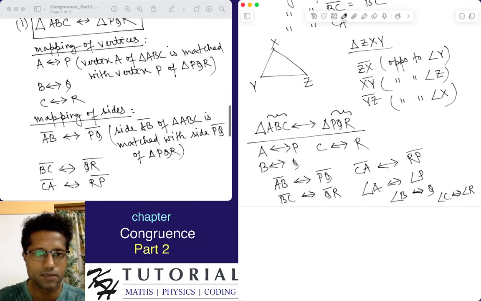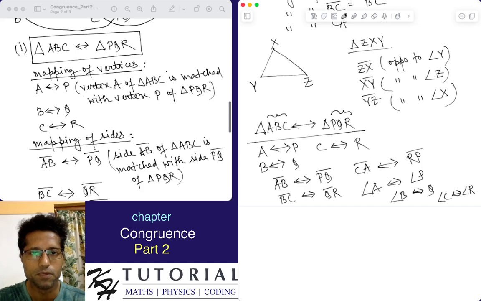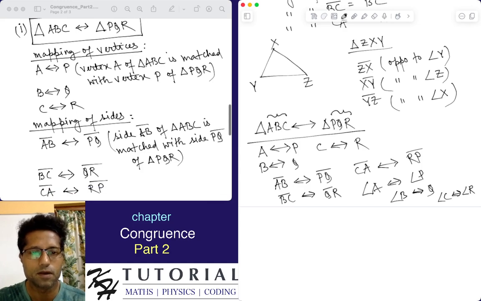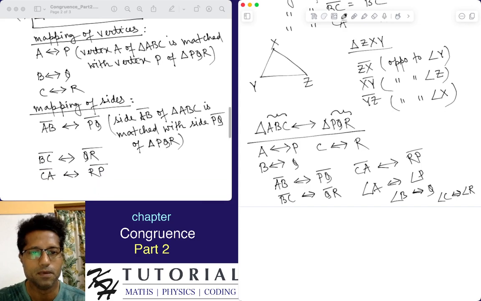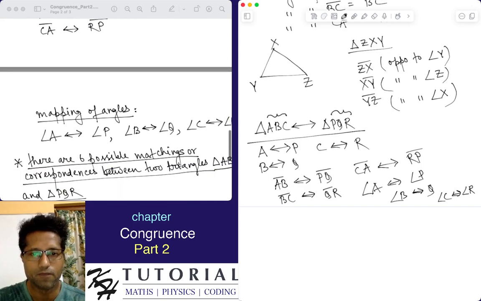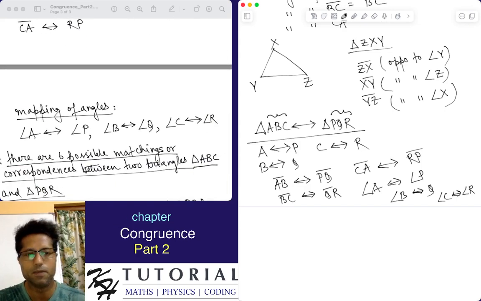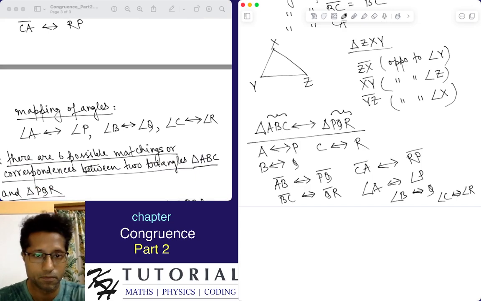Now the mapping of sides: AB will be mapped to PQ, BC will be mapped to QR, and CA will be mapped to RP. And similarly, the mapping of angles: angle A will be mapped to angle P, angle B will be mapped to angle Q, and angle C will be mapped to angle R.